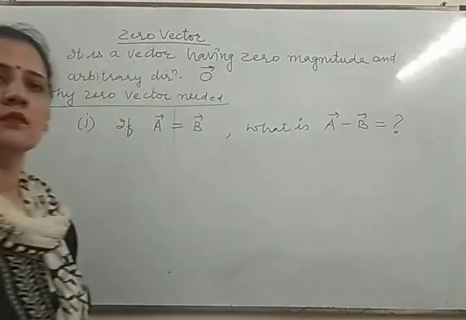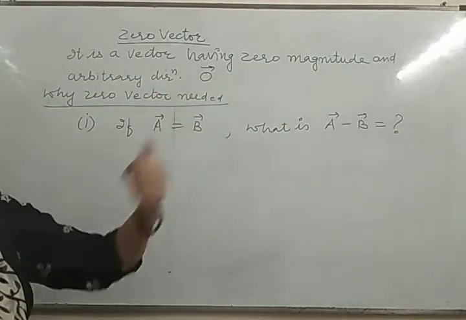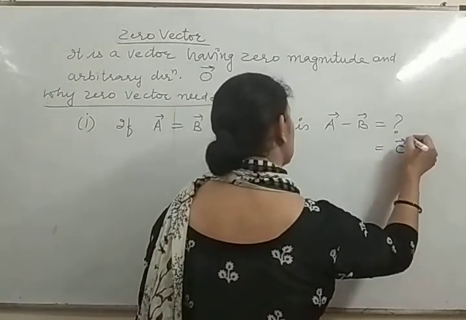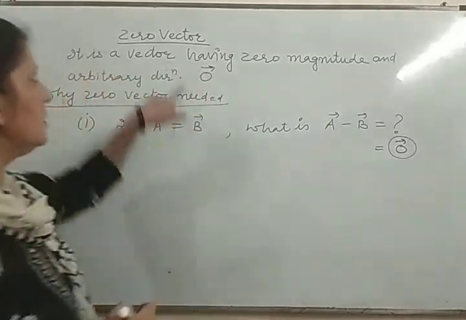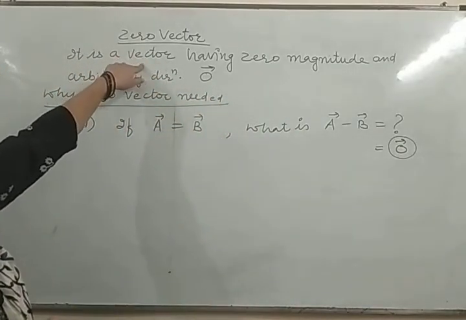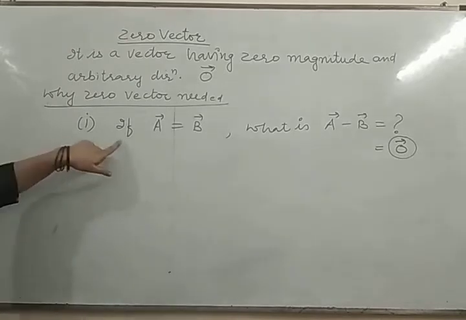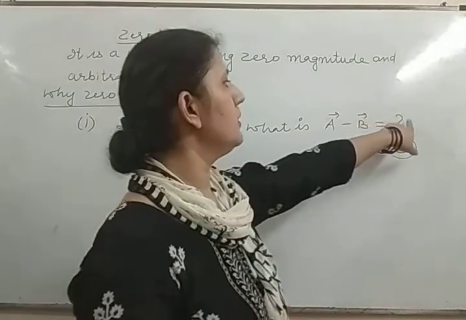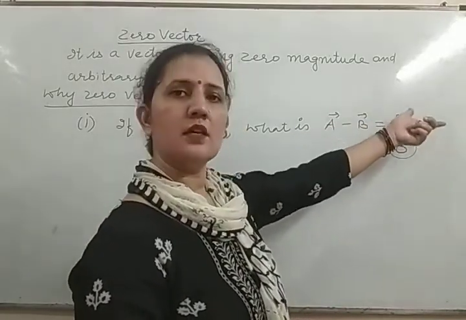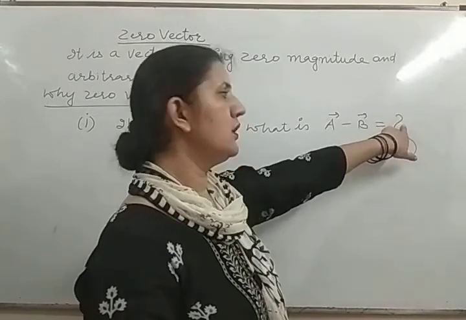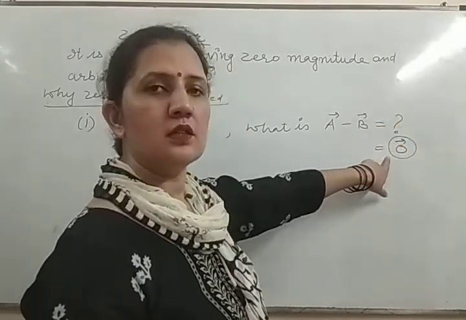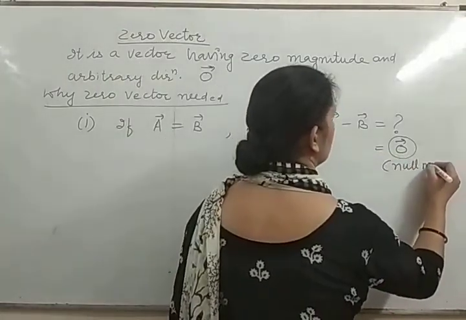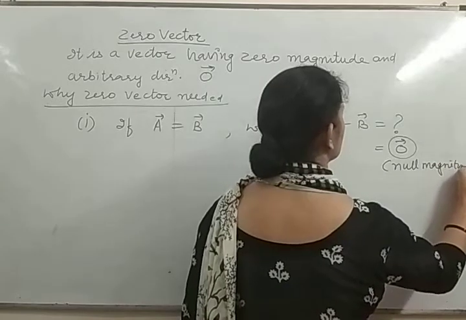When both are equal and we subtract these two values, we get 0. Hence, to write 0 here, we needed the zero vector. If A is equal to B, the difference of these two values should be 0, so we cannot write it as it is. To write 0 here, the need for a zero vector arises, and it is the vector having null magnitude. Null means the value 0.